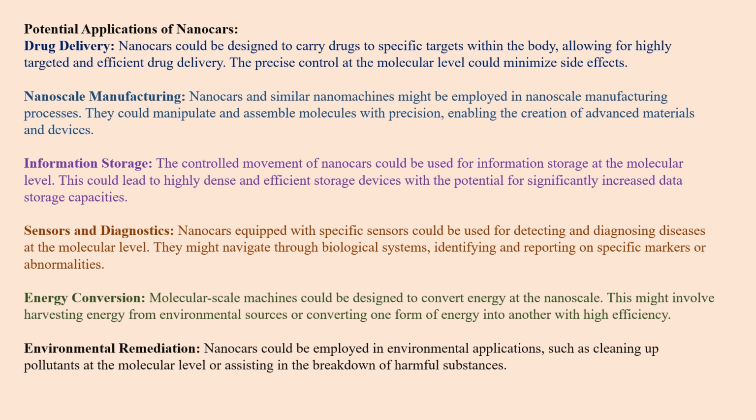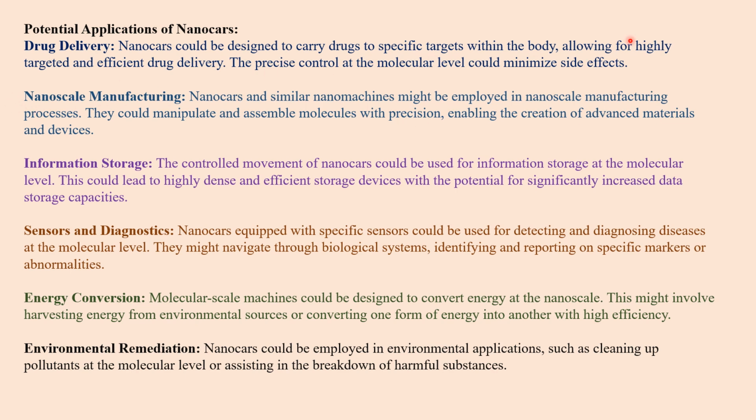So these are the potential applications of nanocars, which you can see in various kinds of fields, like drug delivery. Nanocars could be designed to carry drugs to specific targets within the body, allowing highly targeted and efficient drug delivery, and the precise control at the molecular level could minimize side effects.